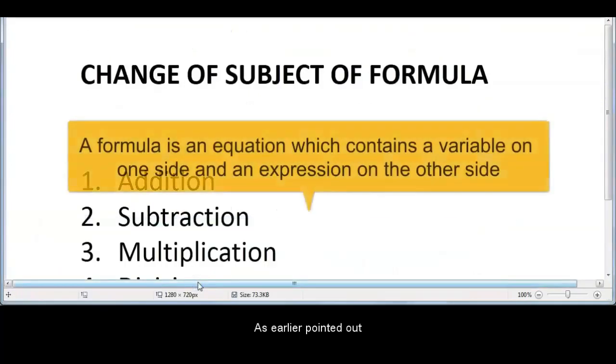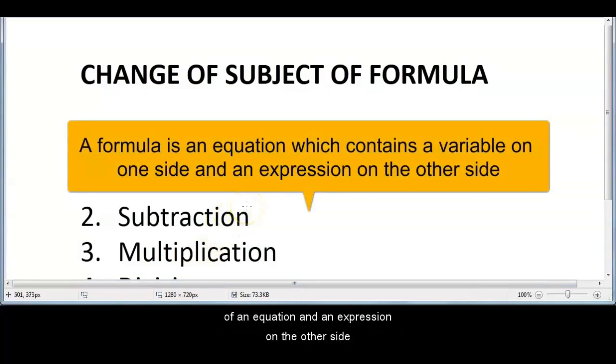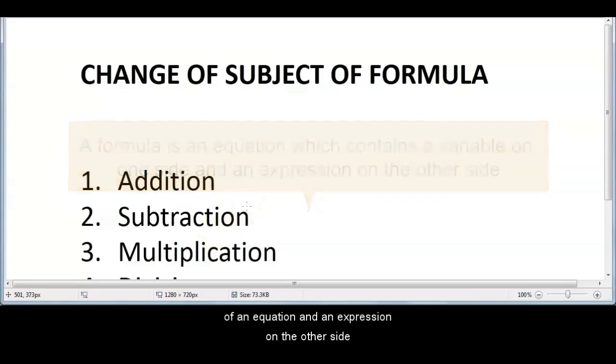As earlier pointed out, a formula is an equation which contains a variable on one side and an expression on the other side.